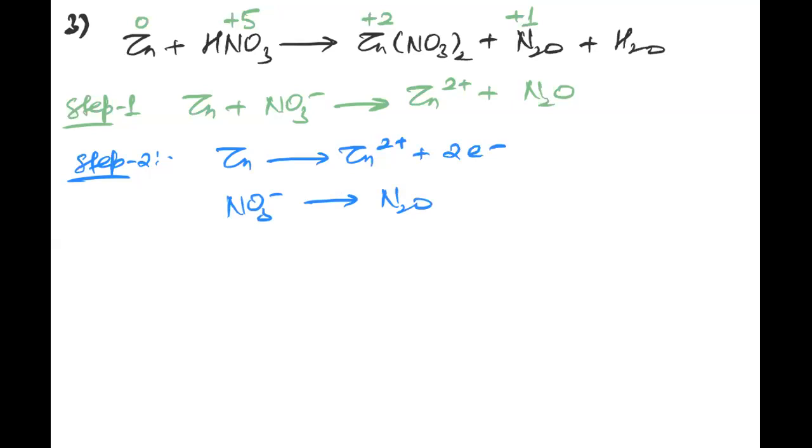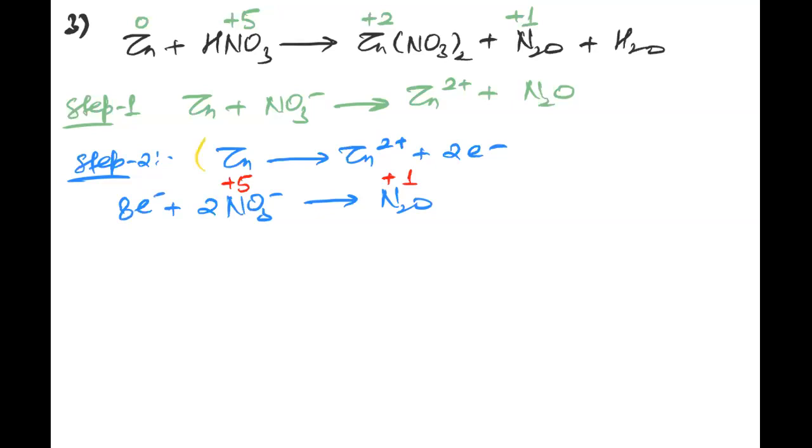And similarly, nitrogen goes from oxidation number +5 and decreases to oxidation number +1. So overall, from +10 charge on the reactant side on nitrogen to +2 charge on the product side, 8 electrons have to be added here. So from +10 oxidation number, it is going to be +2 oxidation number.